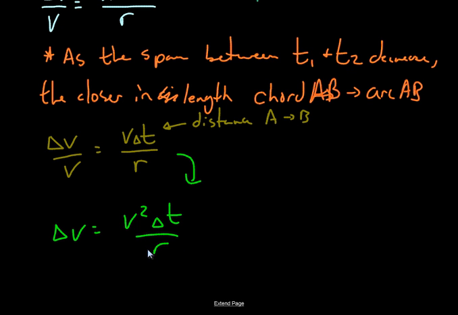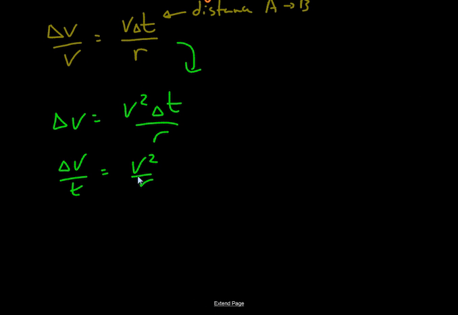Now I'm going to divide T off of here, so we get delta V over T equals V squared over R. And look what we just did: delta V over T is the same as acceleration. What we've just done is derive the formula for centripetal acceleration.